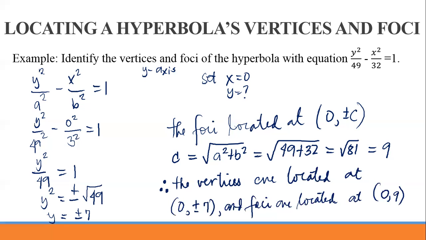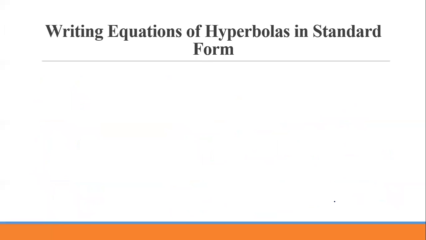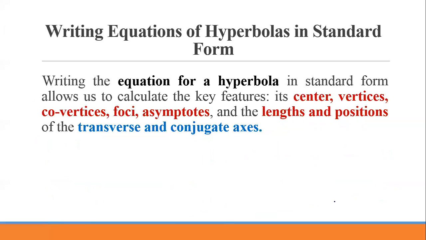Yun. Now, in writing equations of hyperbolas in standard form, just as with ellipses, writing the equation for a hyperbola in standard form allows us to calculate the key features. So, ano ba yung mga key features? Its center, vertices, co-vertices, foci, asymptotes, and the lengths and positions of the transverse and conjugate axis. Okay? Ayun.